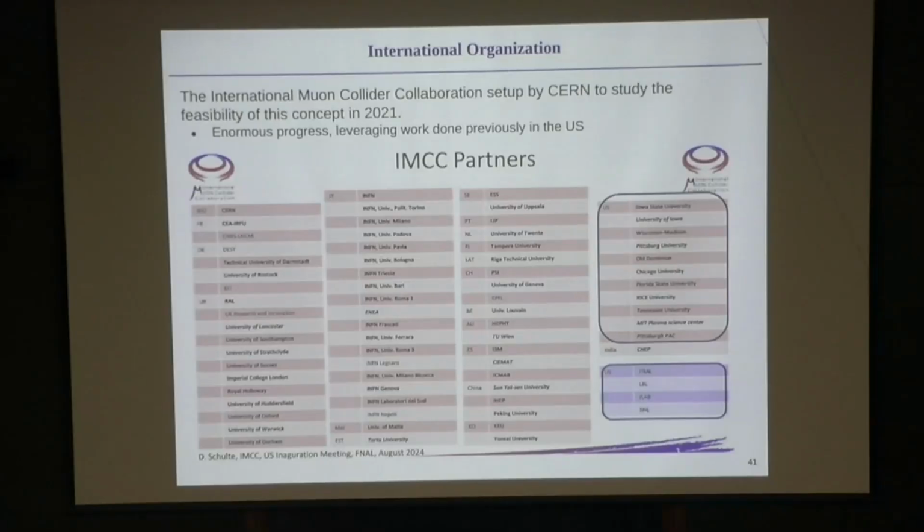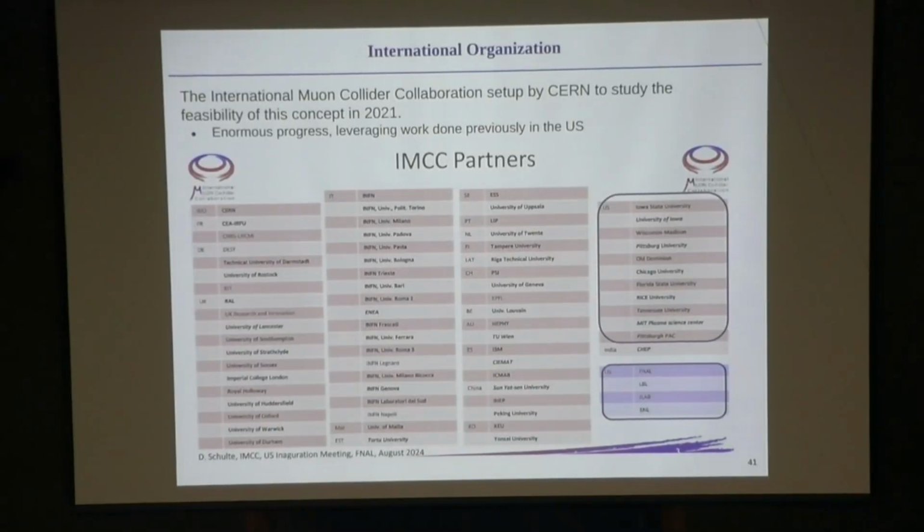We have an international collaboration called IMCC, or International Muon Collider Collaboration, which is, I would say, the most recent push to get a design for such a collider. This was set up by CERN in 2021 for exploring the feasibility of a multi-TeV muon-muon collider.